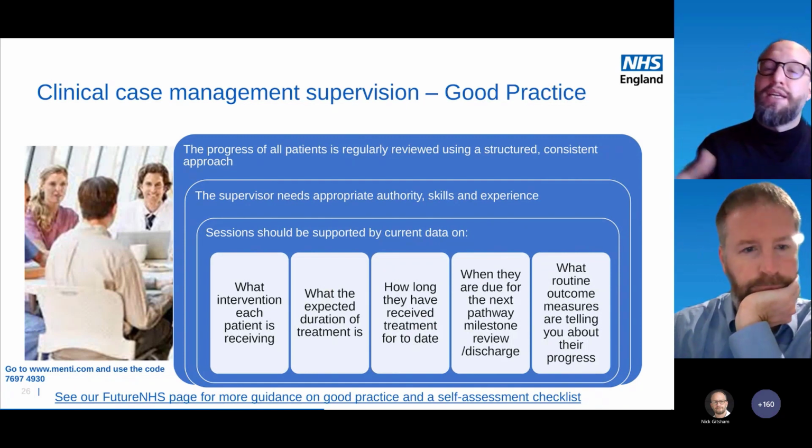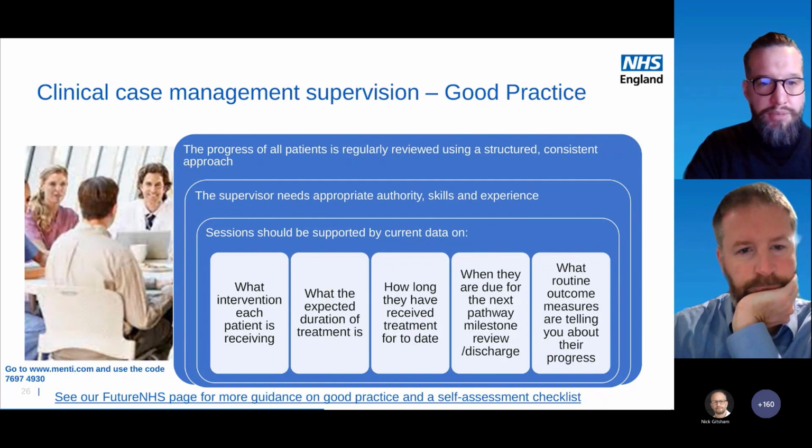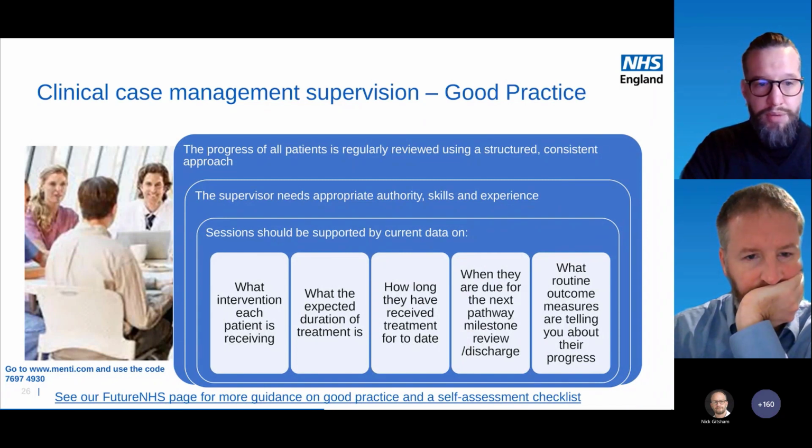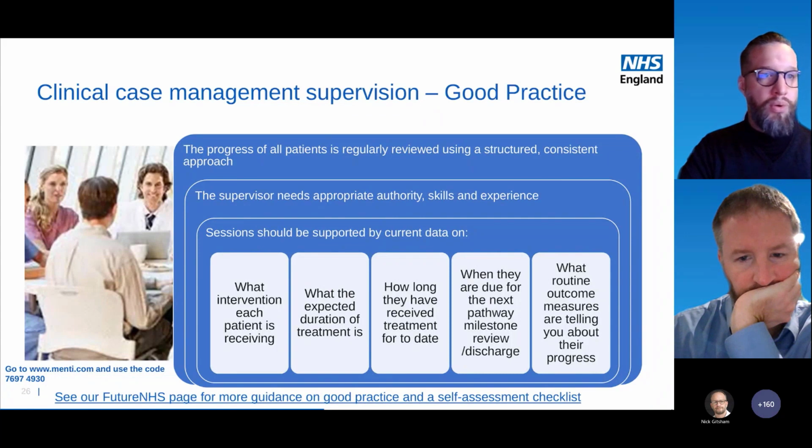And receiving that data will allow you to start asking the questions about what is going on here, what is the variation between them, and do we think that's warranted, or do we think that's unwarranted? What other questions may we want to ask, and what may we want to do about these things?